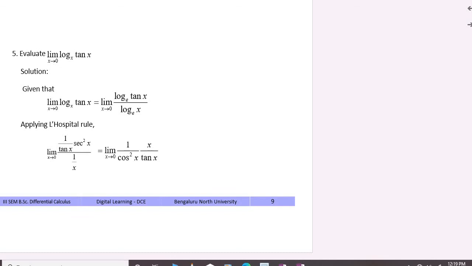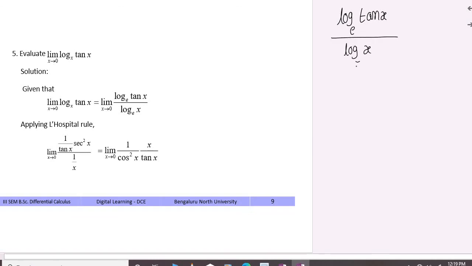For this, we are going to write log tan x base x as log tan x base e by log x base e. So when we substitute x equal to 0, we are going to get infinity by infinity form. That's why to evaluate the given function limit, we are going to use L'Hopital's rule.